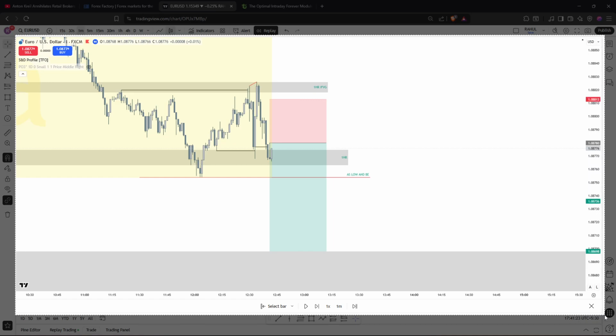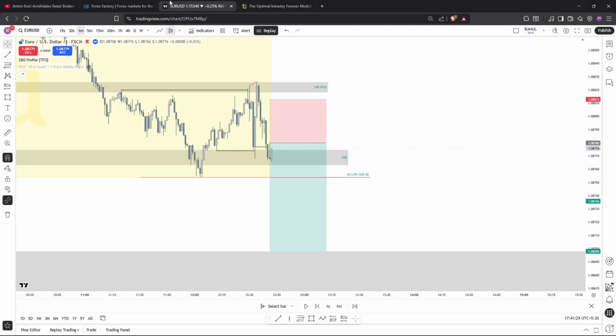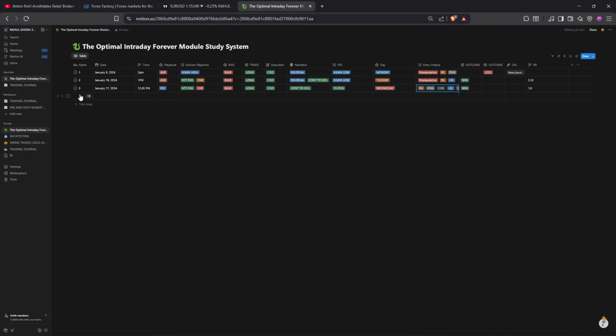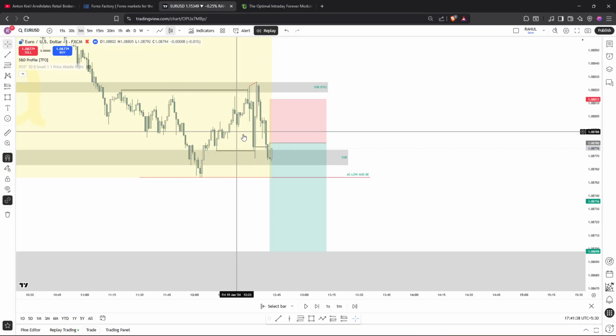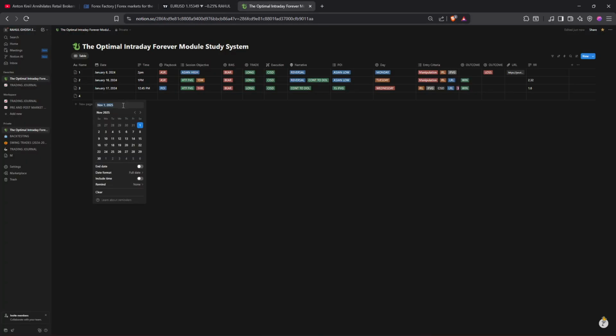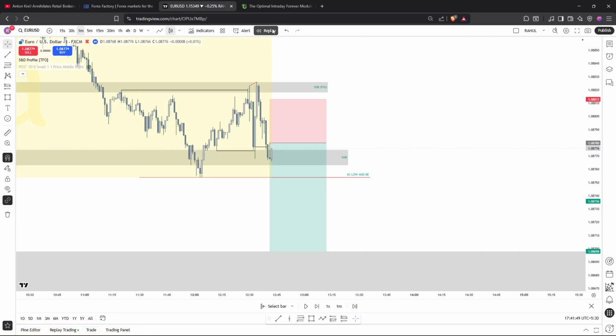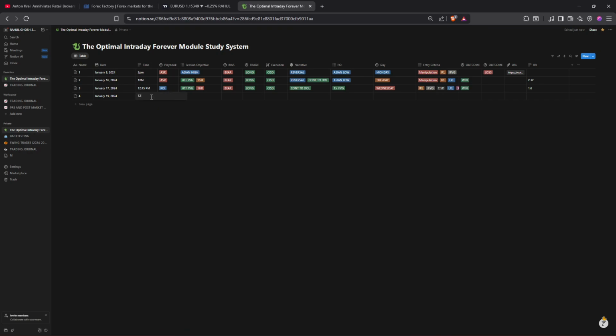We need to keep in mind that I'm just doing this for educational purposes, so that I can get better at this. Journal and playbook.